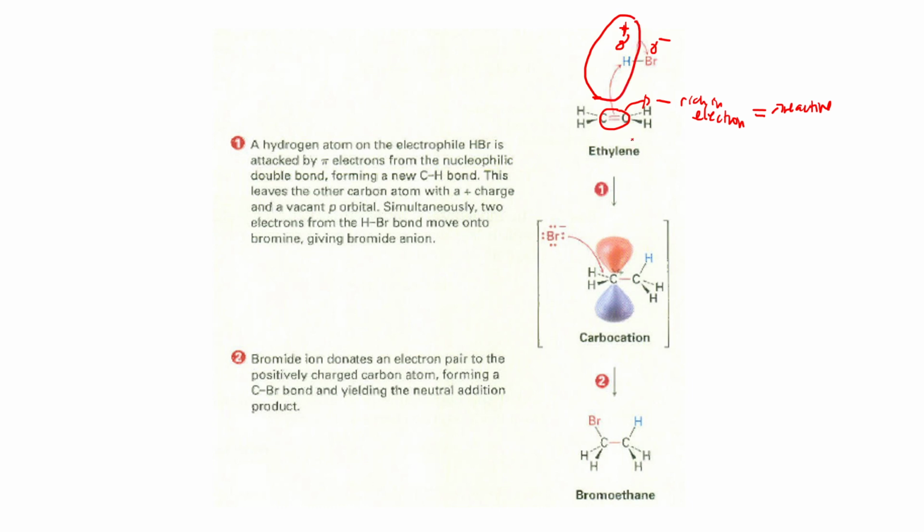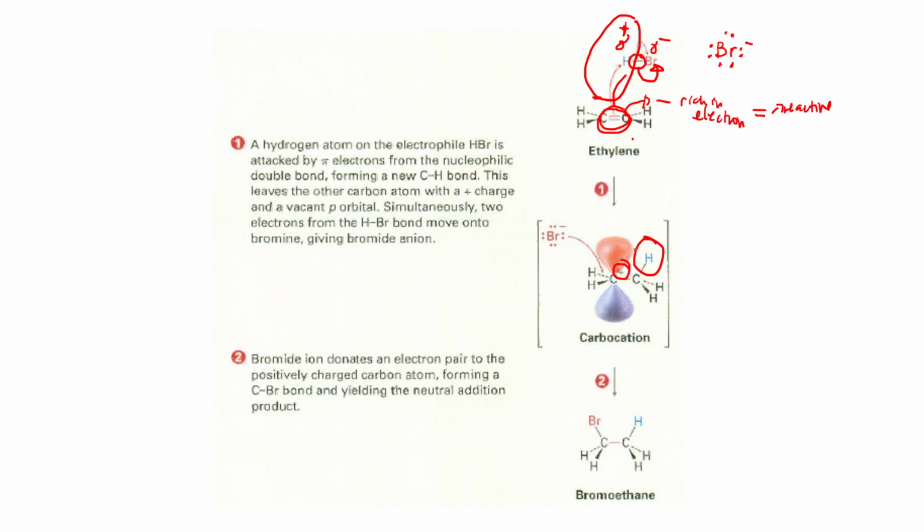As we move on, the bond in hydrobromic acid is broken, and bromine will take both of the electrons, leaving you with a bromide ion. Moving down, the pi bond accepted hydrogen, and this is where hydrogen went. However, it leaves the other carbon atom slightly positive.